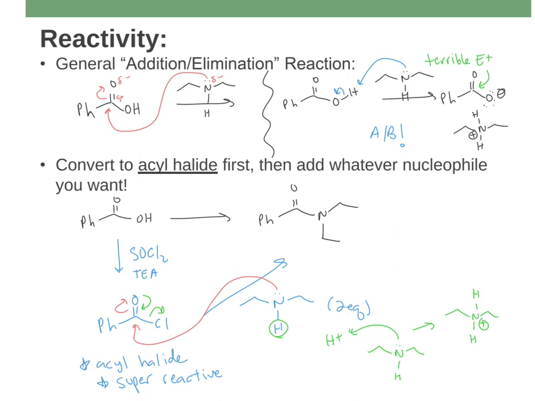But either way, I'm able to make my amide. And I'm able to make that amide not directly from the carboxylic acid, but by going through the acyl halide. And we're going to see that theme a lot. It's really a fast, easy, quick way to make things like amides and esters and stuff like that.